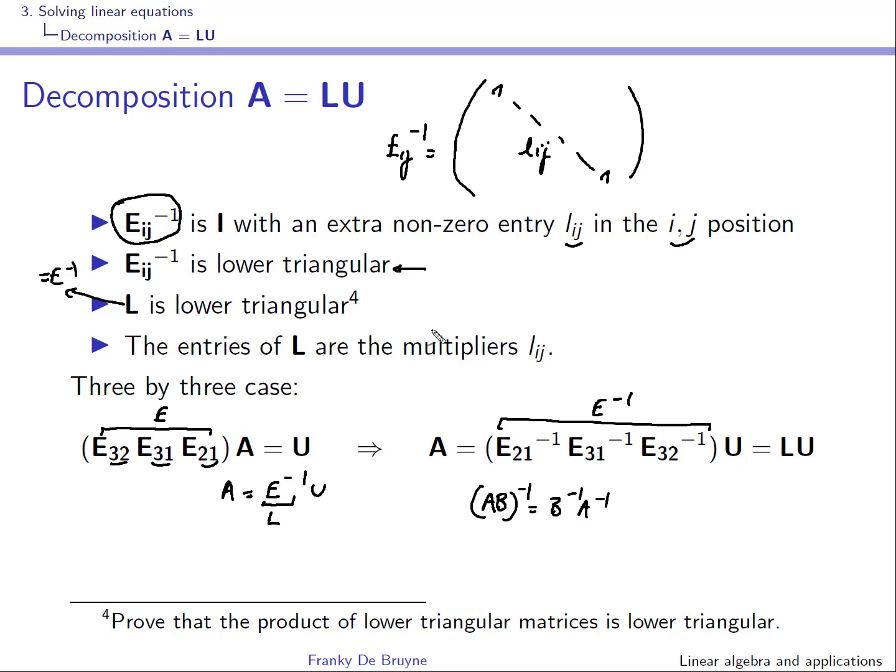And you can show, and maybe you should do this as an exercise, that the product of lower triangular matrices is itself lower triangular. So L is lower triangular. Remember that U was upper triangular, and the entries of L are the multipliers Lij, and we'll show this next.